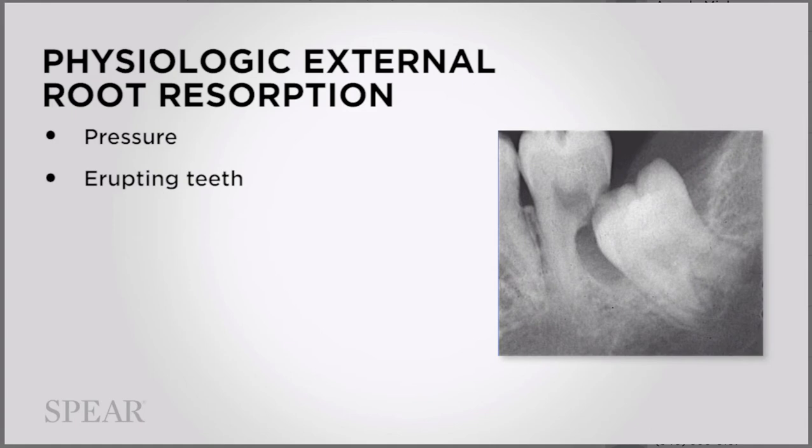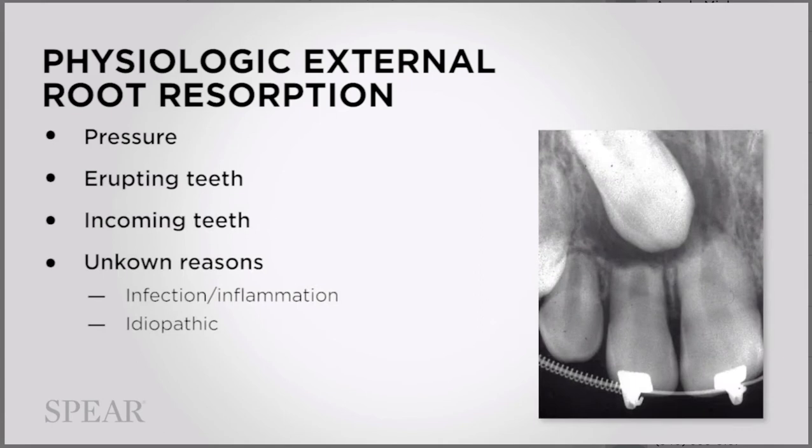Another reason for considering the removal of third molars before this actually happens. And of course, we see that on incoming teeth, not just from orthodontics, but from an incoming canine that may be doing some destruction to the apical parts of the roots that are remaining behind on the permanent teeth, like an erupting canine tooth here.